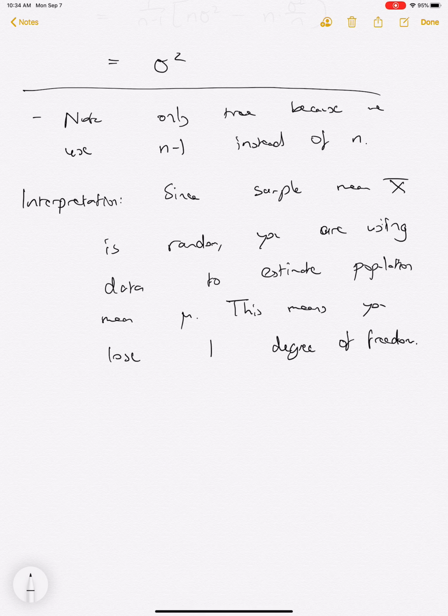Okay, and if that doesn't make sense to you right now, that's okay. Another way you can interpret this is that you need the 1 over n minus 1 just to ensure that the expectation of s squared is sigma squared.